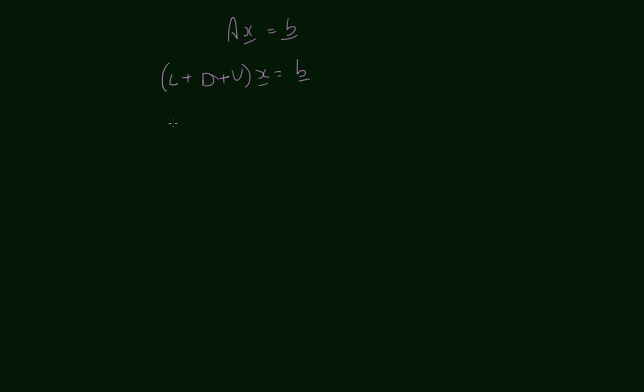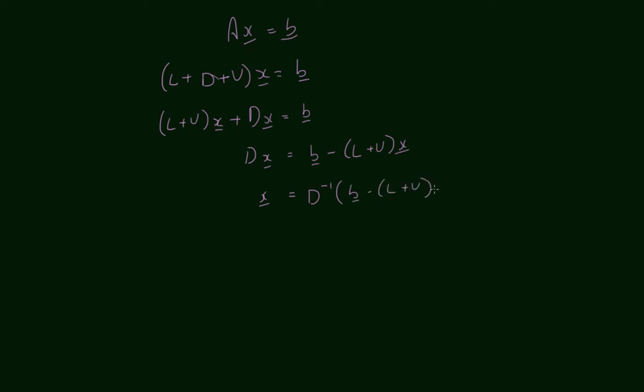Now I'm going to separate L and U from D, so we've got (L plus U) times the vector X plus D times the vector X equals B. I haven't done anything strange here, it's just multiplied out and grouped together. If I subtract the first term from both sides, I get B minus (L plus U)X, and then if I pre-multiply both sides by the inverse of the diagonal matrix D, we get this.